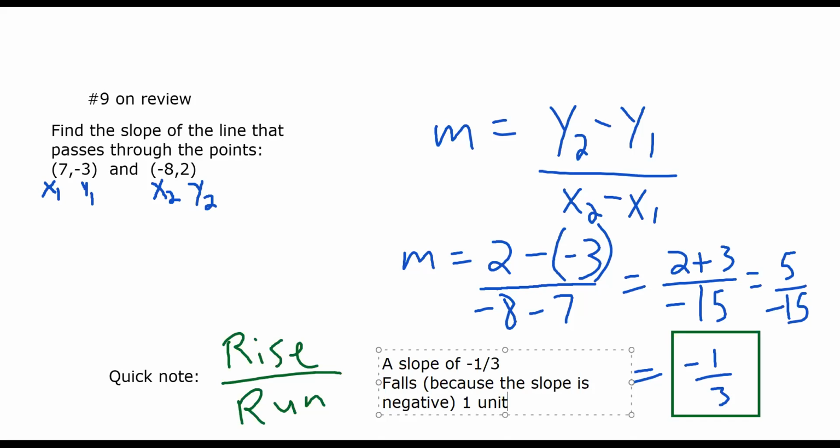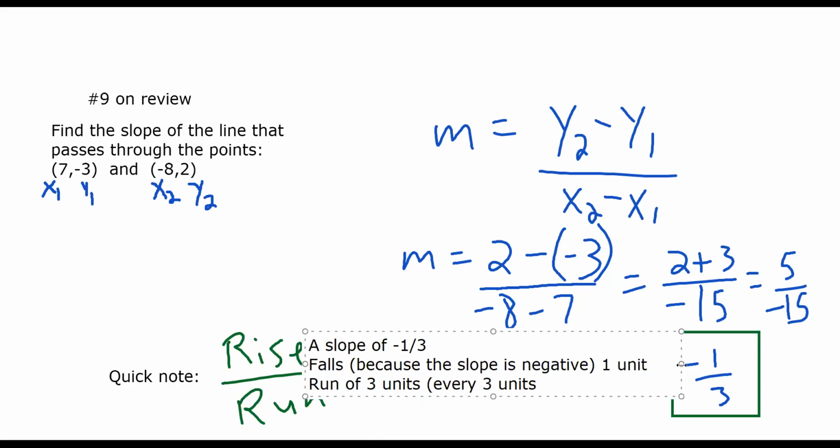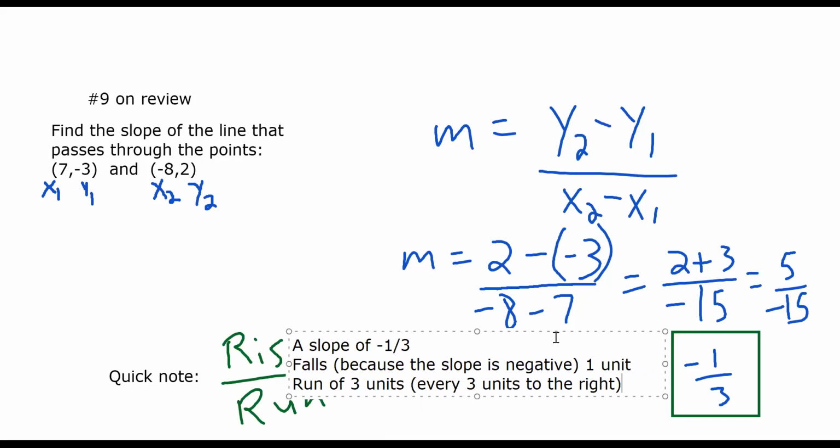It falls 1 unit for every run of 3 units. That is every 3 units to the right that you go. If this had been a positive slope, it really would rise. So that means it's going to be a slope that falls.